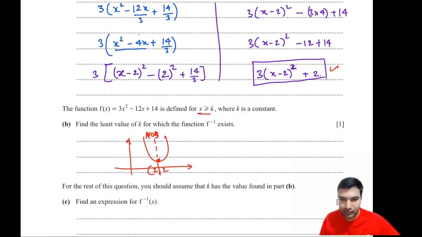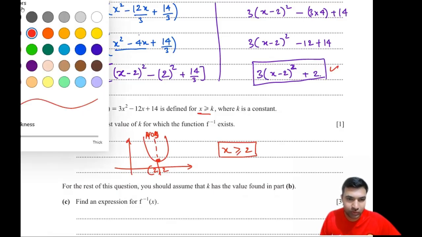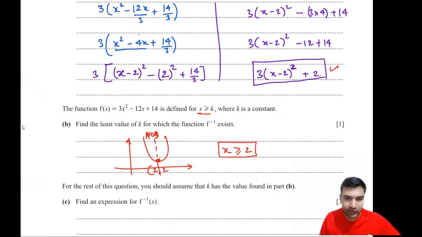On the right hand side, x should be greater than or equal to 2. If I do the horizontal line test taking both sides, it will fail. So I should restrict it to only this green part, so that everywhere it strikes only once. So x should be greater than or equal to 2.